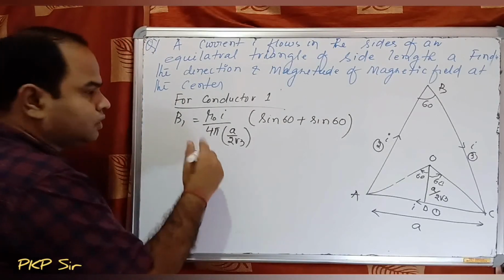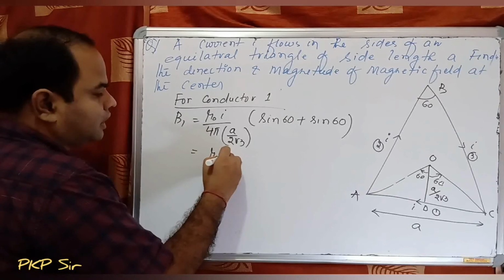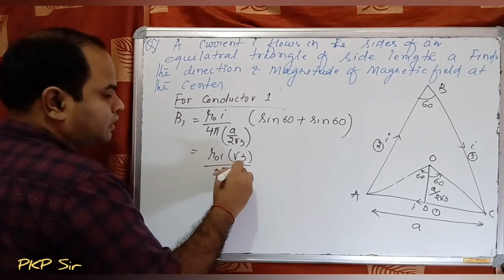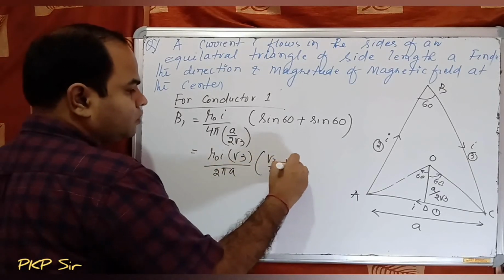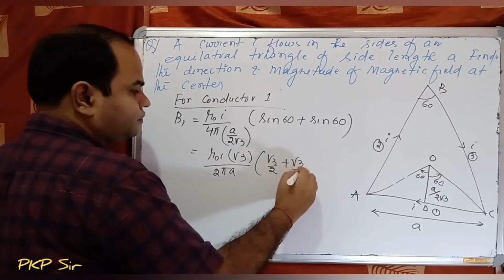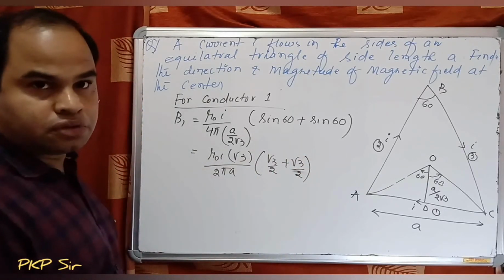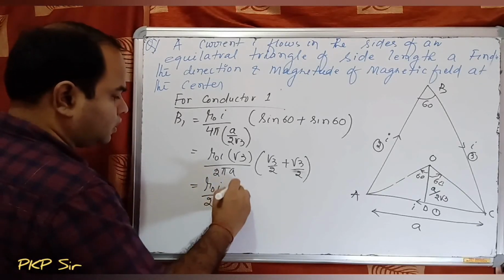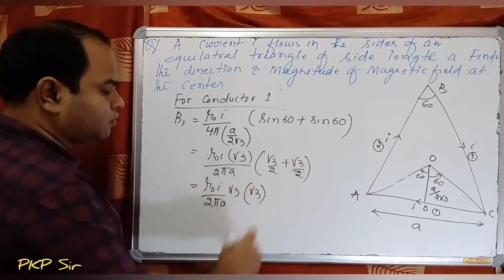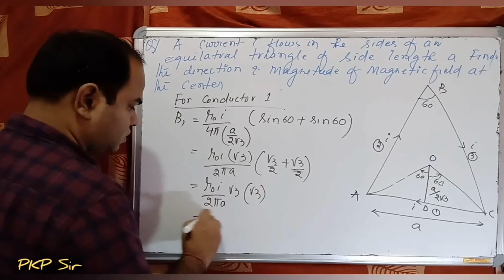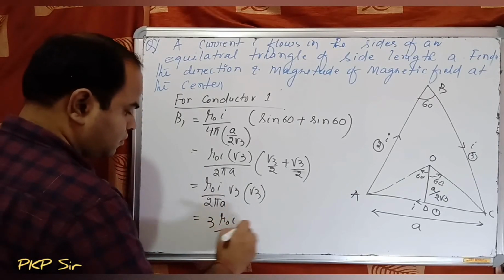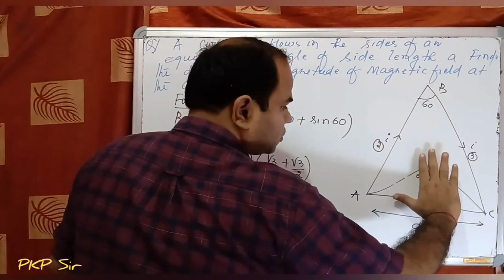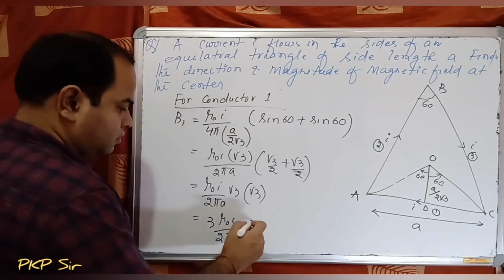So 2 cancels here. Sin 60 is root 3 by 2, so root 3 by 2 plus root 3 by 2 is root 3. This is mu naught I by 2 pi A root 3, and the value will be root 3. Root 3 into root 3 is 3. So this is 3 mu naught I by 2 pi A. What is the direction of magnetic field? The direction of magnetic field is inward.